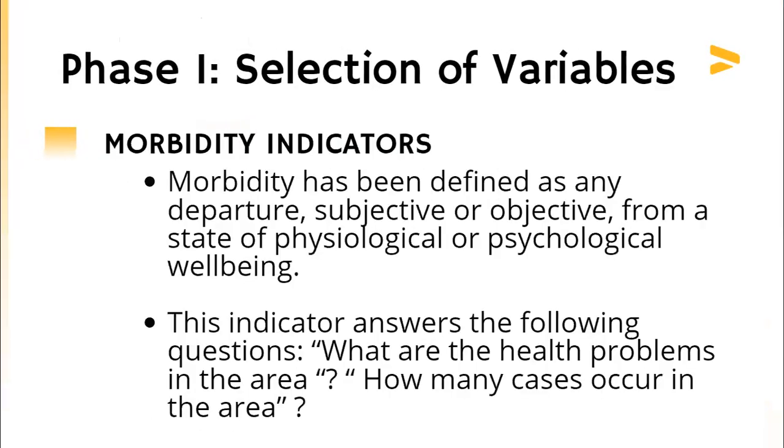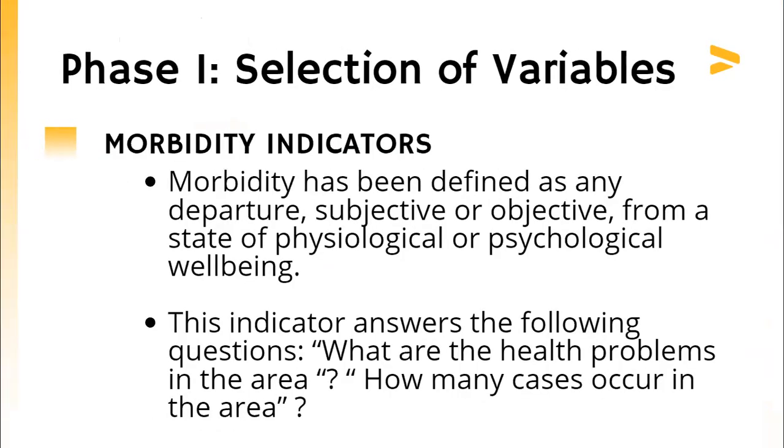So let's start with morbidity indicators. Morbidity is defined as any departure, subjective or objective, from a state of physiological or psychological well-being. Let me rephrase that in more understandable terms.